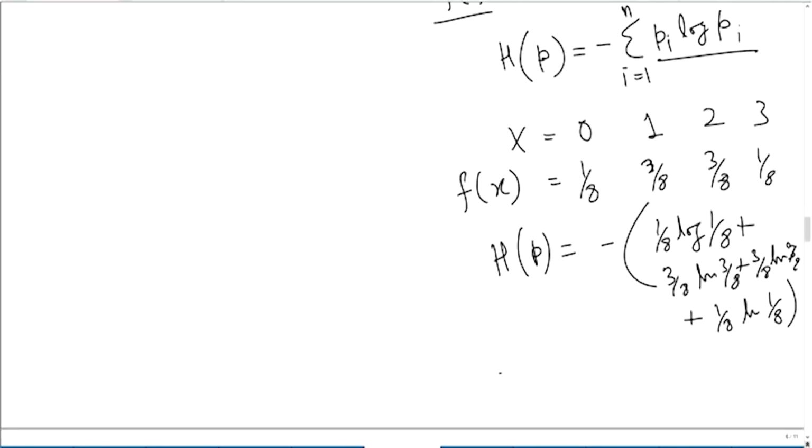Because these terms are repeated, that would give us minus of 2 by 8 log 1 by 8 plus 6 by 8 log 3 by 8.